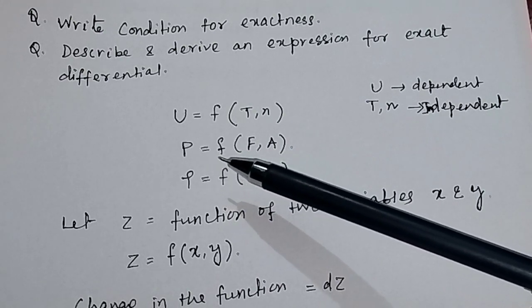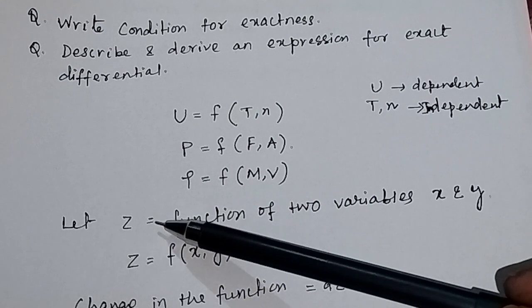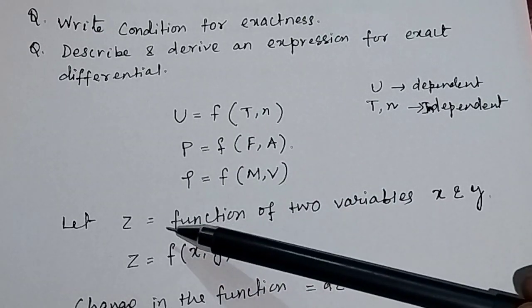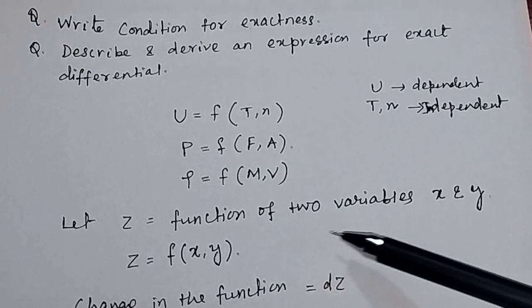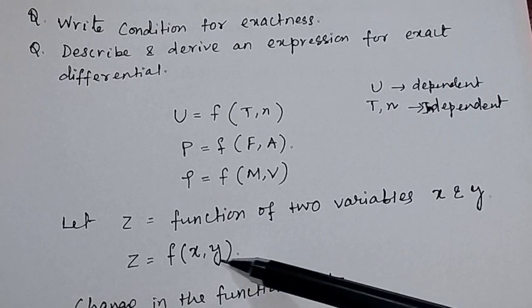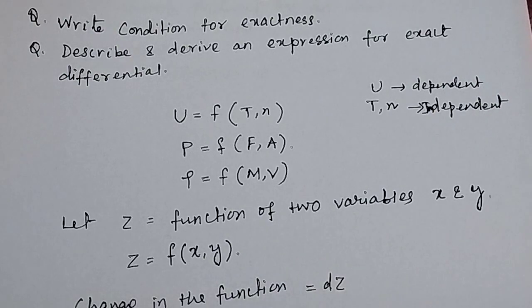Pressure is the dependent variable. Suppose you take any arbitrary function z, like U, P or rho, and z is a function of two variables, suppose x and y. So you may write z equal to a function of x, y.